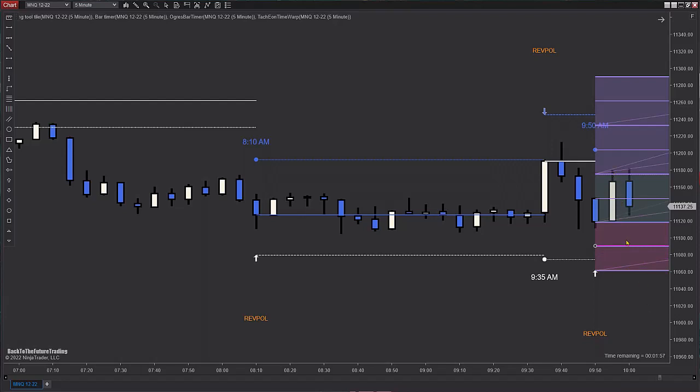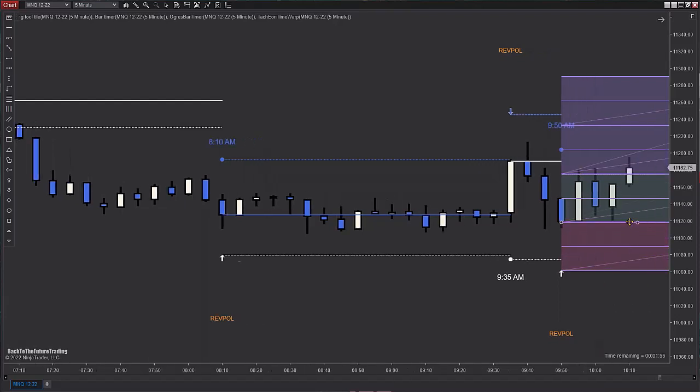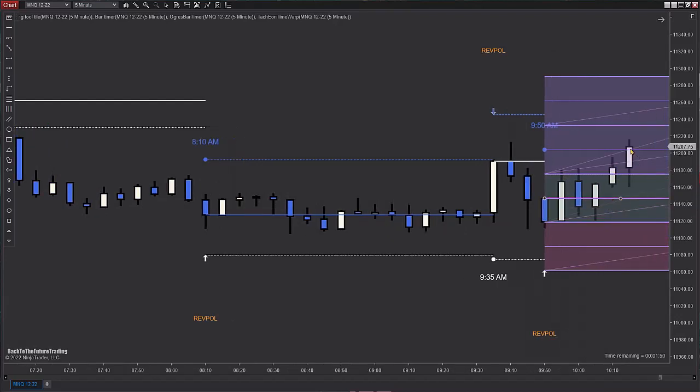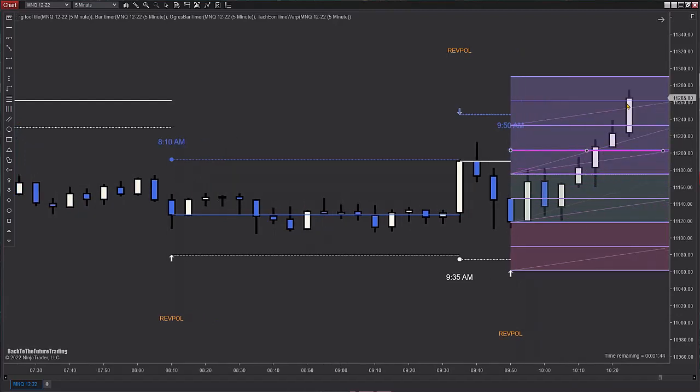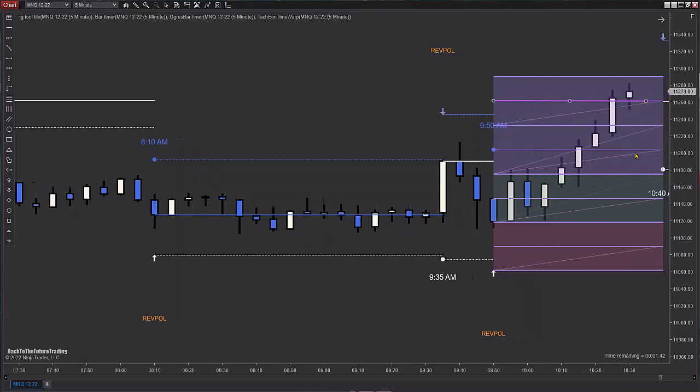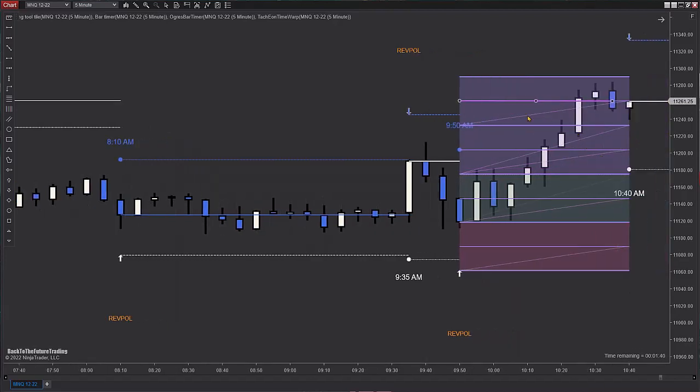Then we hit our first target, then we're break even. Then we close above, then we move below, then we close above, then we move below, and so on. There you go. That worked on that one.